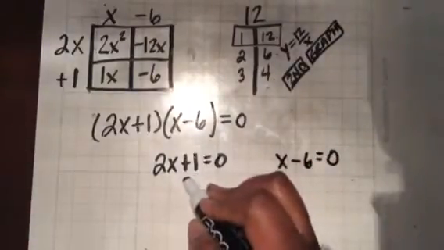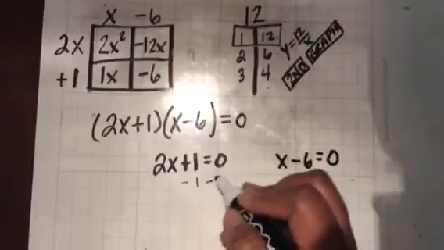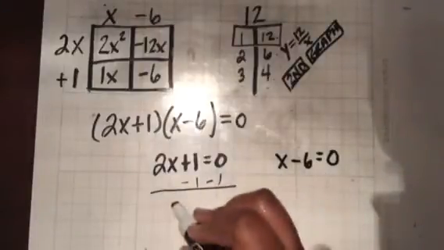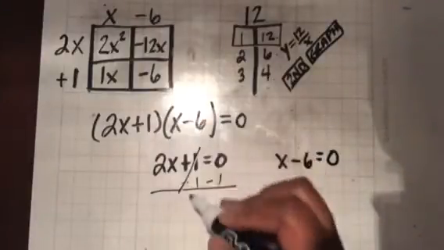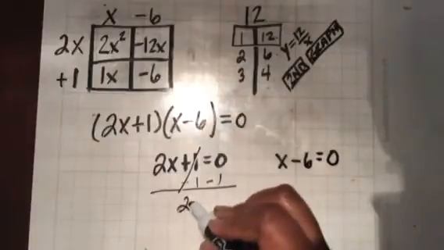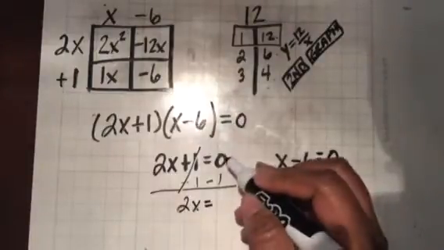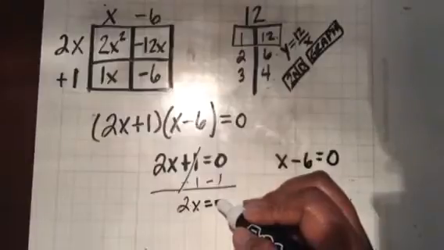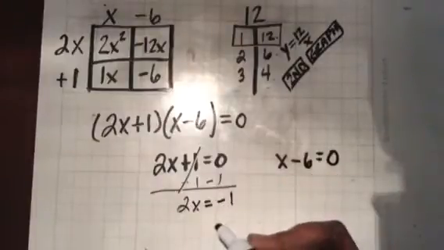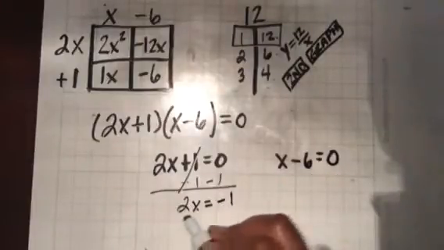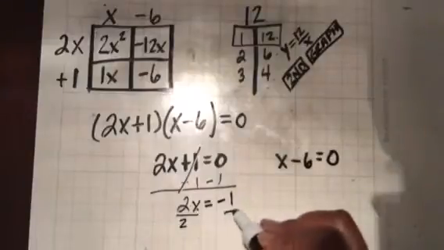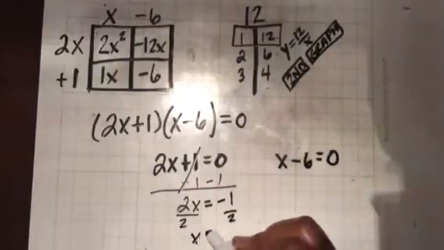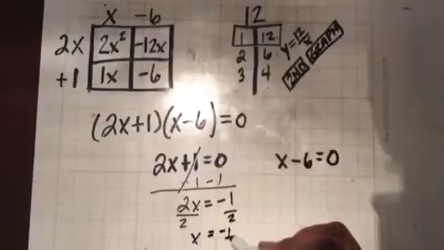So to solve here, we're going to subtract 1 from both sides. Those ones cancel out, and I'm left with 2x. And 0 take away 1 is a negative 1. And then we're going to divide by 2. And x equals negative 1 over 2.